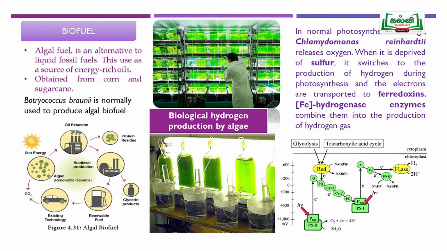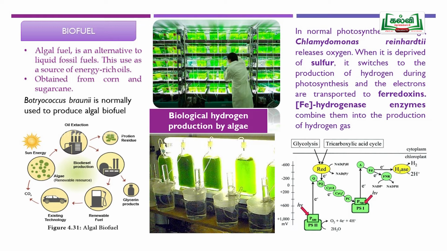The next one, biological hydrogen production. Biological hydrogen is another fuel we may use in cylinders. If you take an algae, Chlamydomonas reinhardtii, usually algae produce oxygen when photosynthesis takes place. This is a normal phenomenon. In photosynthesis, oxygen is a byproduct which is liberated. Sometimes, due to deficiency in sulfur, this particular algae, instead of liberating oxygen, will start liberating hydrogen as a gas.